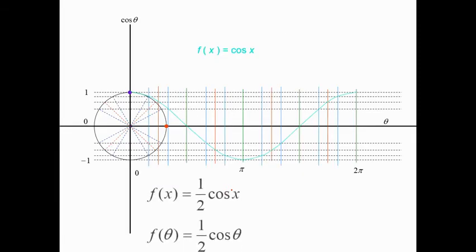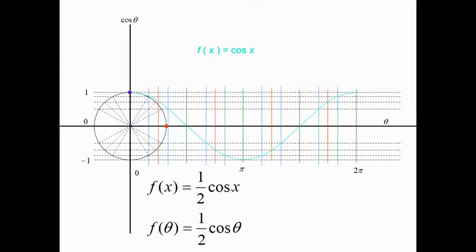So we're going to look here at a cosine wave, but now we're going to have an amplitude of 1/2. So that means that our cosine wave should be half as tall as the original one. Let's see. Notice how it started off at 0.5.